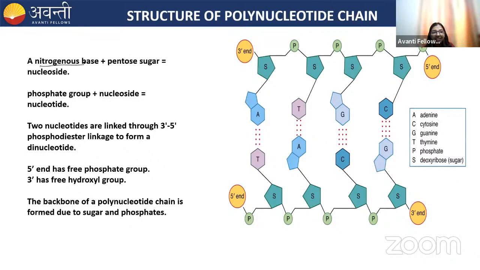Moving next, I told you that the nitrogenous bases and the pentose sugar form the nucleoside. And when the nucleoside is attached with phosphate, they form the nucleotide. This is a sugar. These are the nitrogenous bases. The linkage between the sugar and the nitrogenous base is known as a glycosidic linkage. Remember this linkage.